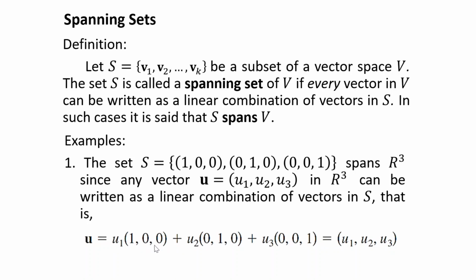Because we have zeros here, we have 0 and 0, and then 0 and 0 there. Observe that the scalars here are just equal to the components of U. If U is the vector, for example, 1, 2, 3, then the scalars here will be just 1, 2, and 3. So again, we say that S spans R3.